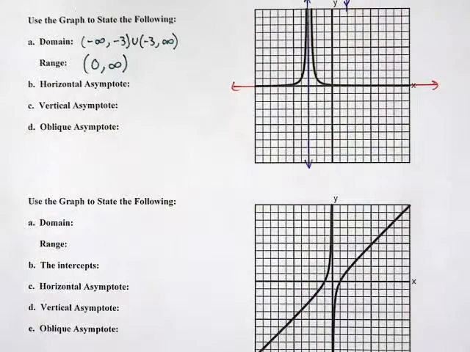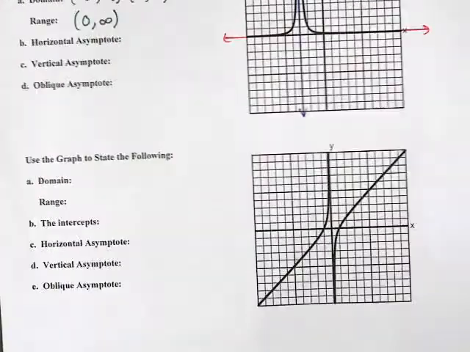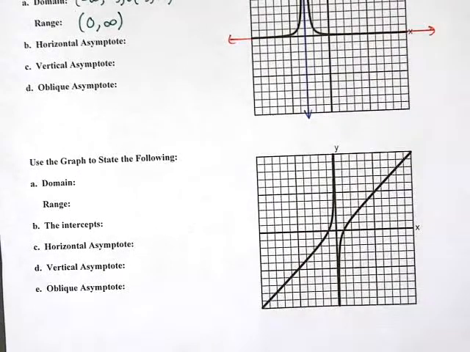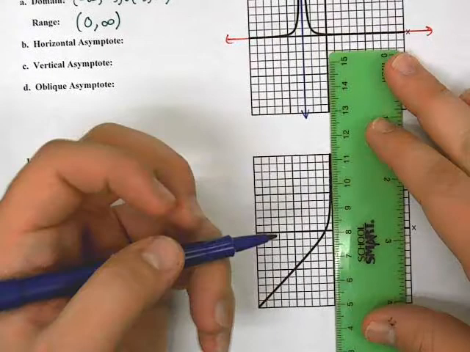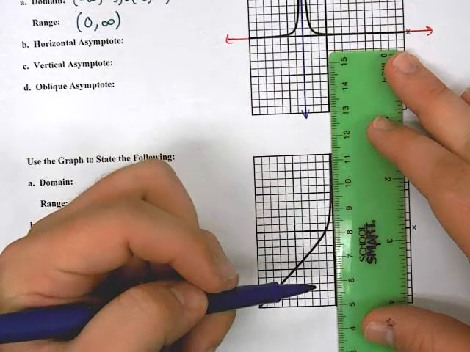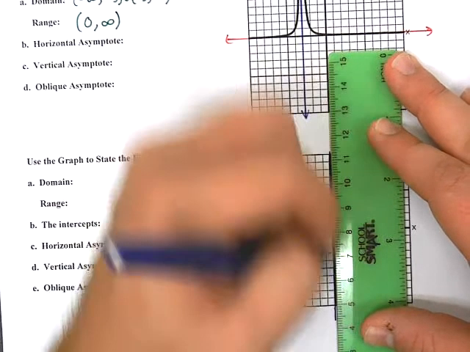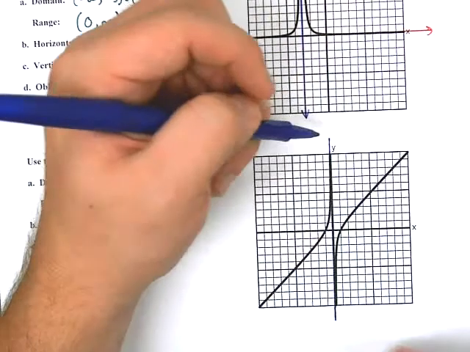Ooh, this one. This is going to introduce one of those new concepts, I think. So, sticking with my theme of vertical and blue, I think we would say that we have a vertical asymptote right there.